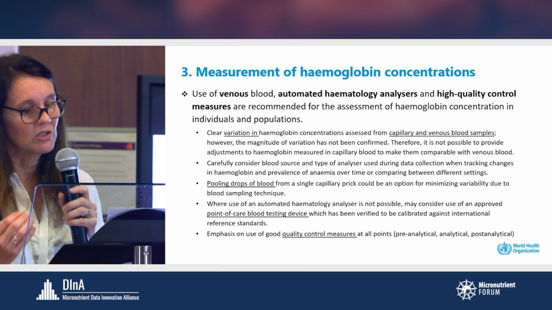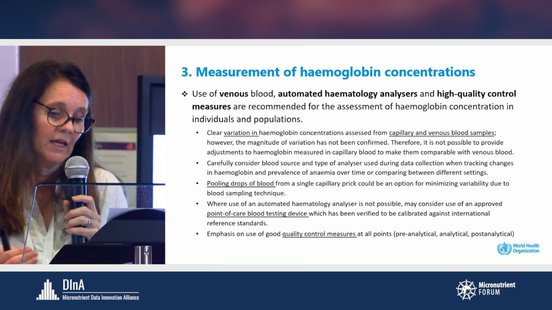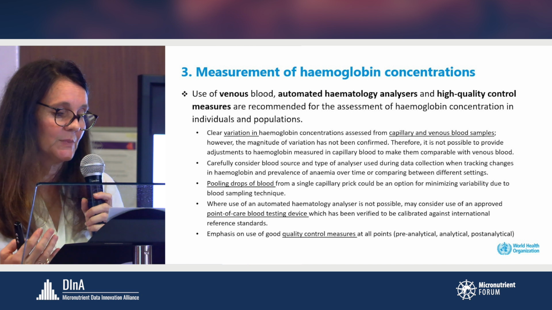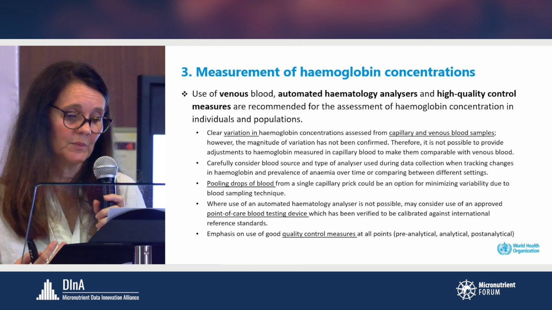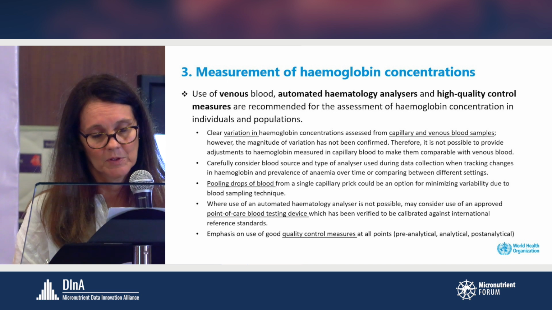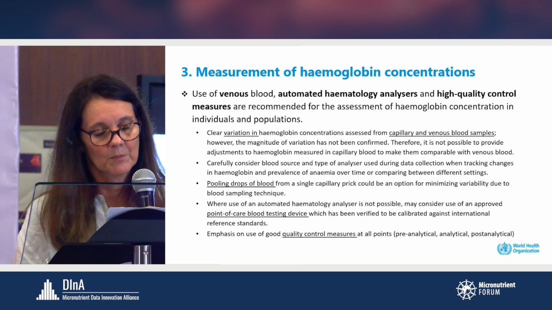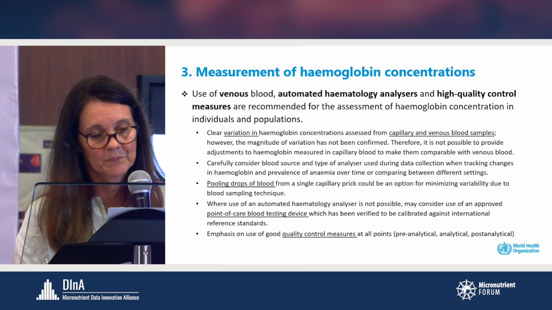However, this magnitude of variation is different across different studies, and it was not possible for us to provide adjustments to hemoglobin that is measured in the two different types of blood, either the capillary or the venous, in order to make them comparable to one another.